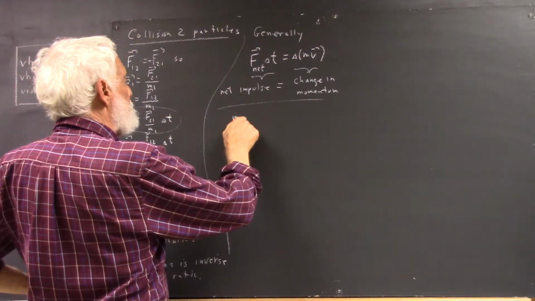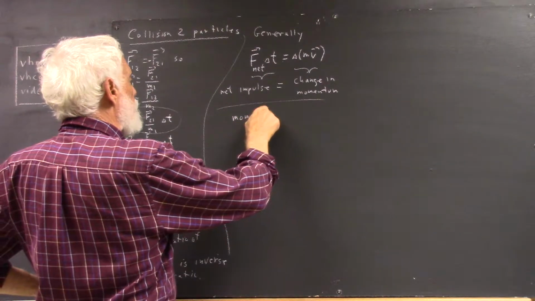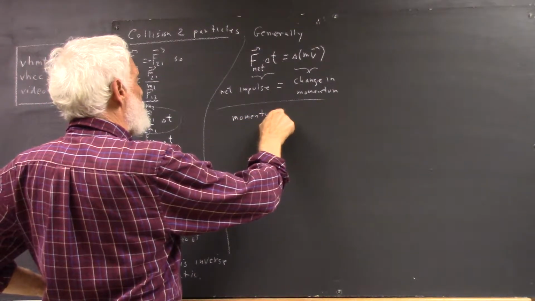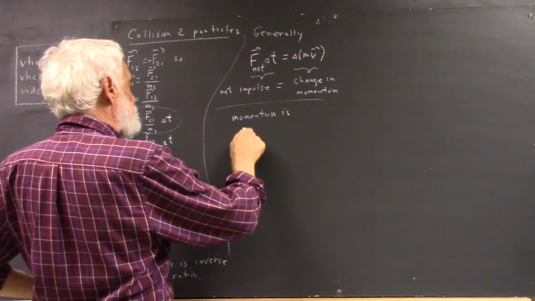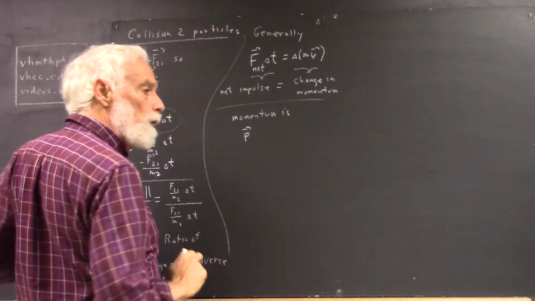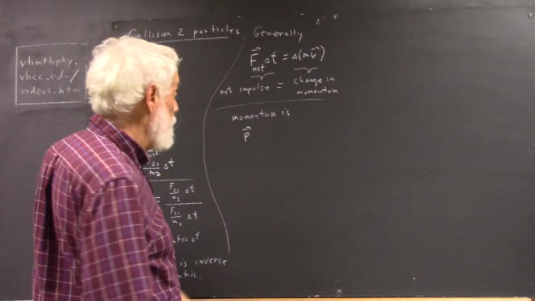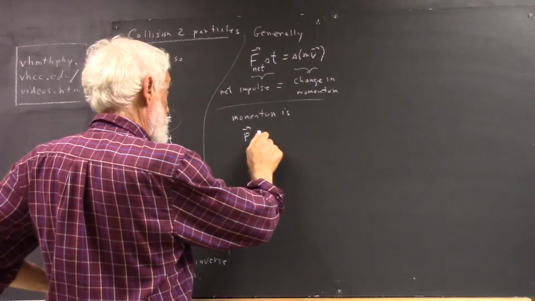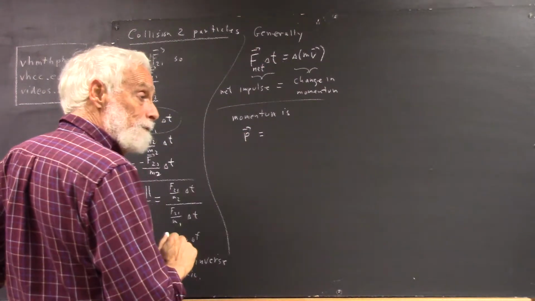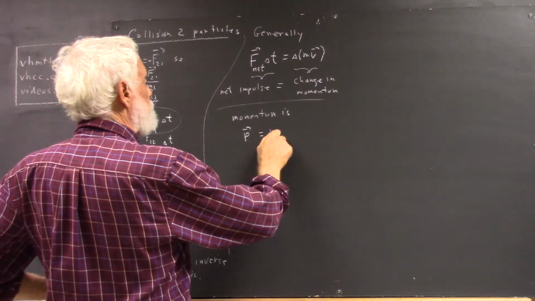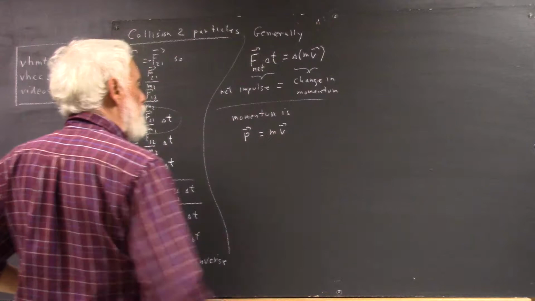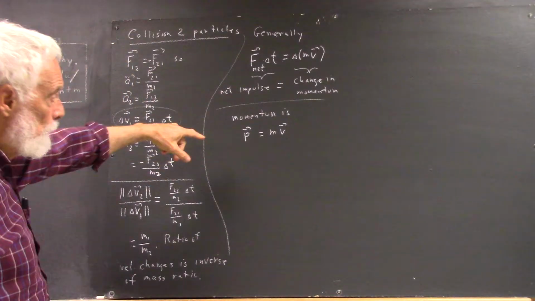We often use p for momentum. Can't very well use m, can we? Because we use that for mass and meters and lots of other things. So we're going to use p for momentum. That's the momentum.